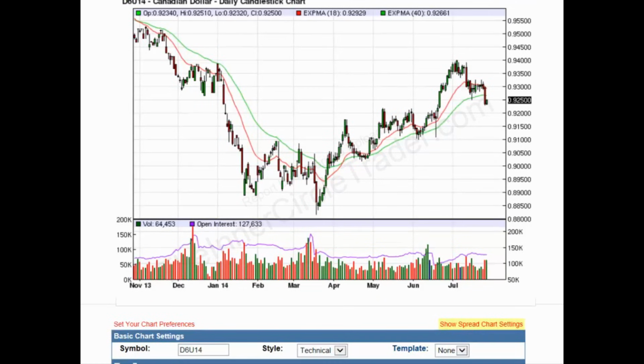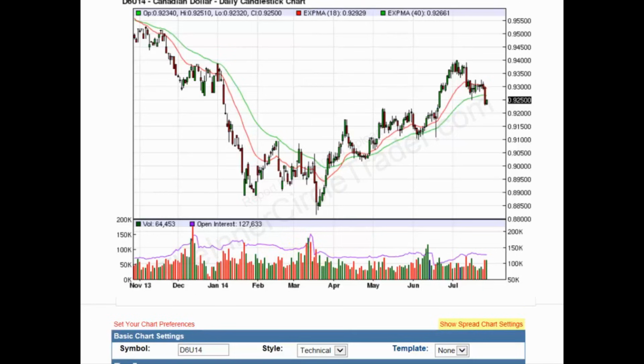Looking at the daily chart, we have our 18 and 40-day EMAs. The green is the 40 and the red is the 18-day exponential moving average. And I have the open interest.